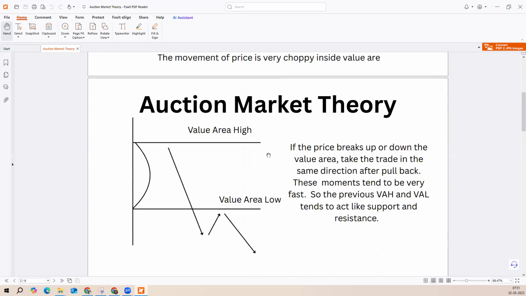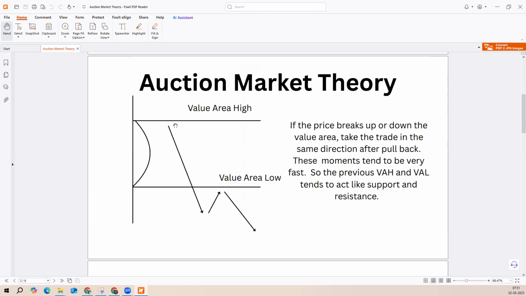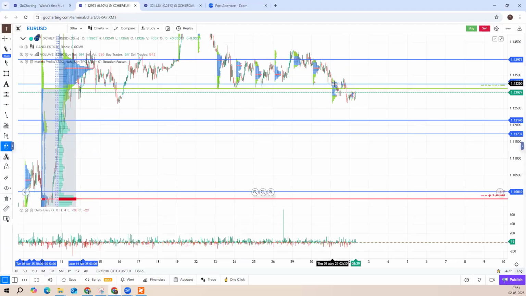However, if the market has broken a value area, then you can wait for a pullback and then take the trade again in the same direction, which is the case I'm talking about for Euro USD. The market was inside this value area, it has broken down, pulled back, and now is trending in the downward direction.